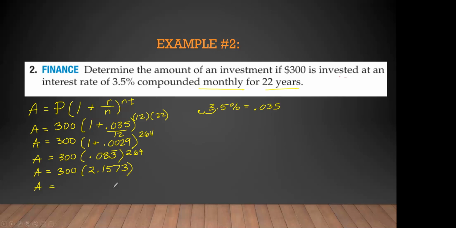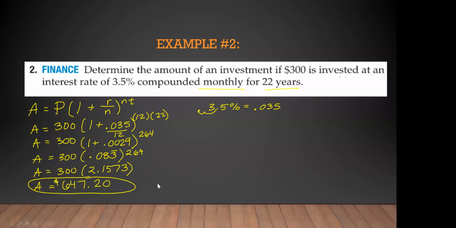So when you multiply this, just keep it in your calculator, don't clear it, and then you multiply by 300, and then it ends up being $647.20, okay? So after 22 years, that's how much money this person will have in the bank after it's compounded all those times, okay?